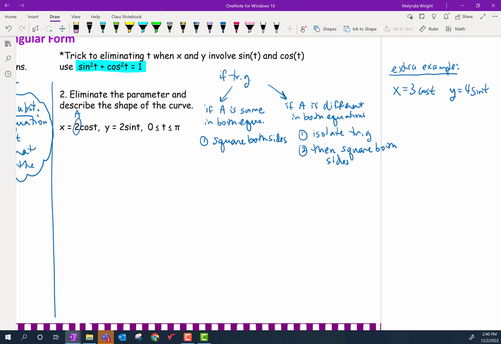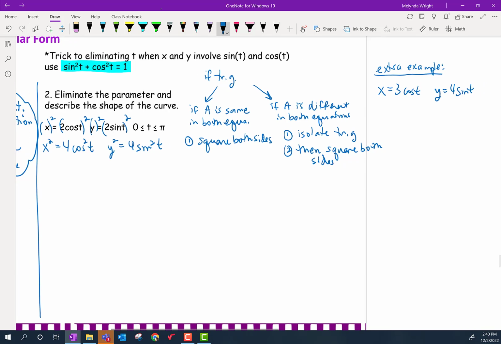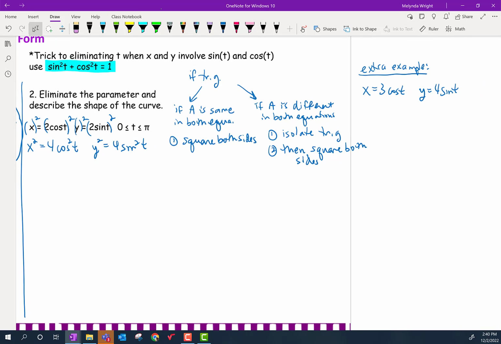Okay, so let's do step 1 for each problem. So I'm going to square both sides, and I get x squared equals 4 cosine squared, and I get y squared equals 4 sine squared. Okay, that's step 1. Okay, so let's do the same thing on our other problem where they're different. Let me give myself some more room.